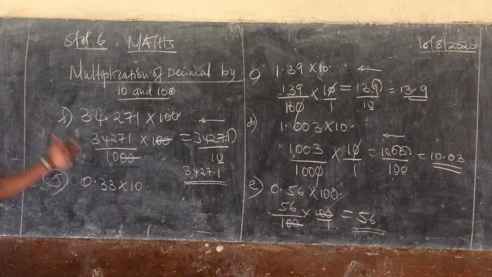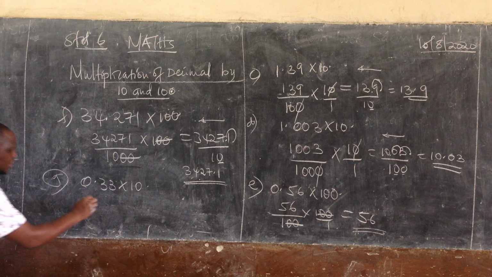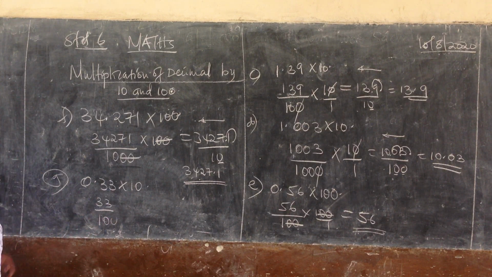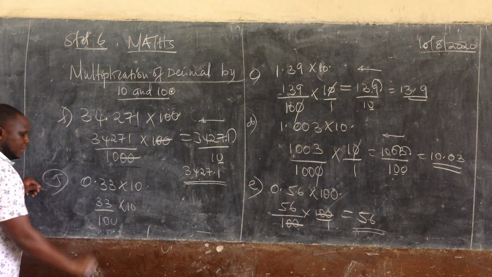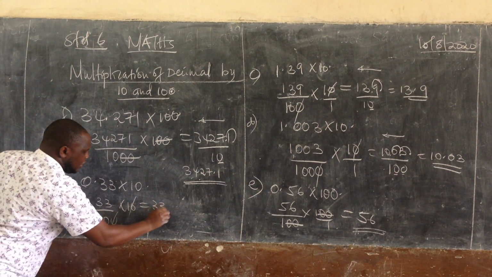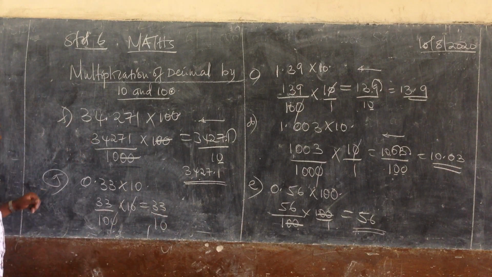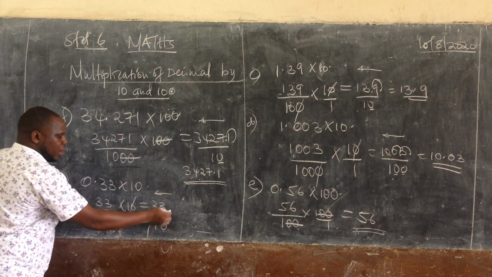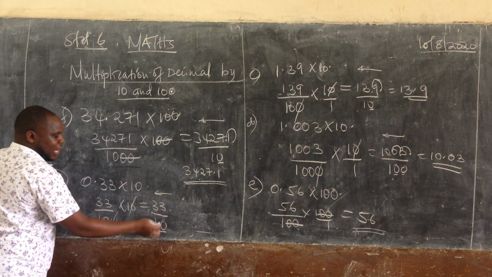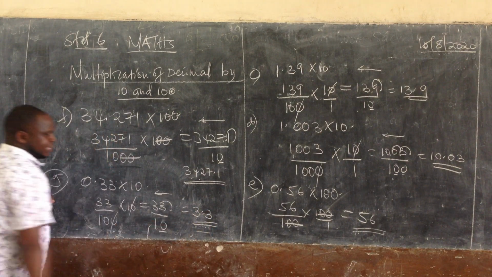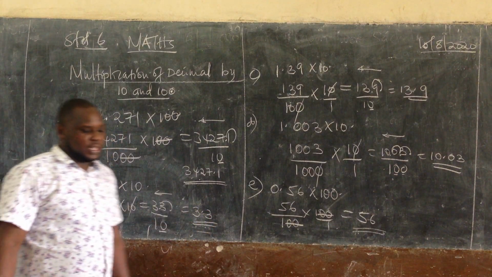By changing this into a fraction, it's going to be 33 over 100 because we have two decimal places here. Times now 10. The 0 and 0 will cancel. This is going to be 33 over 10. And we are dividing, so we are moving backward. How many times? Equal to the number of zeros, 1 time. So the answer is going to be 3.3.